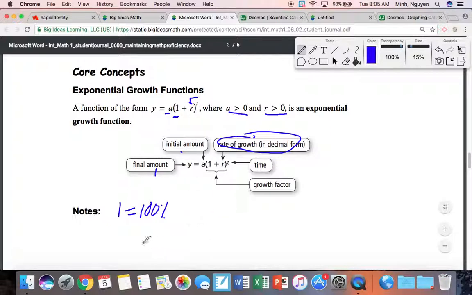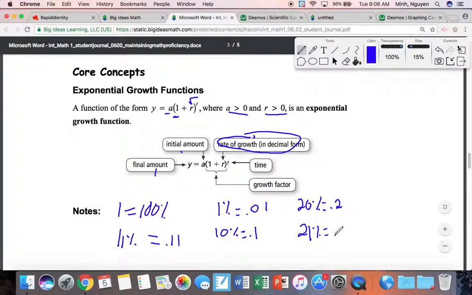As a review, you should practice converting decimals into percents and vice versa. So, 11%, for instance, might be 0.11. 1% is 0.01. 10% is 0.1. 20% is 0.2. 21% is 0.21.